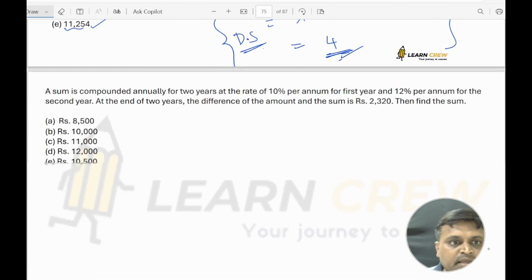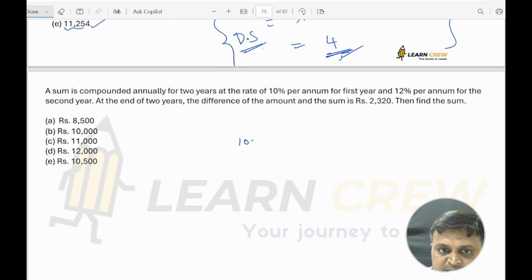Next. A sum compounded annually for 2 years at the rate of 10% per annum for the first year and 12% per annum for the second year. So if 100 is the principal, first year it is increased by 10%, second year by 12%. Thereby, how much would its value be? 3 zeros in the numerator, 3 zeros in the denominator will be cancelled.